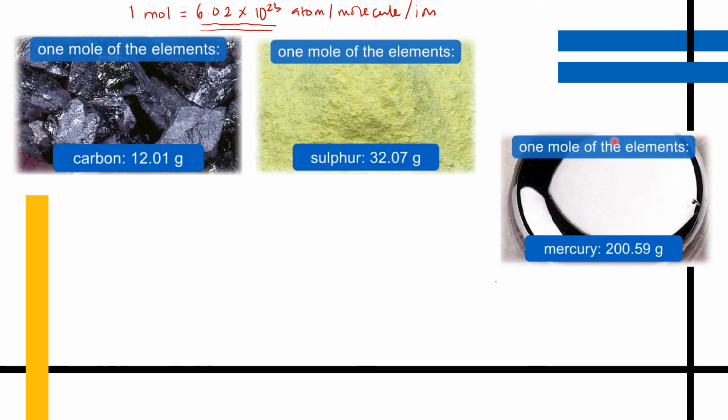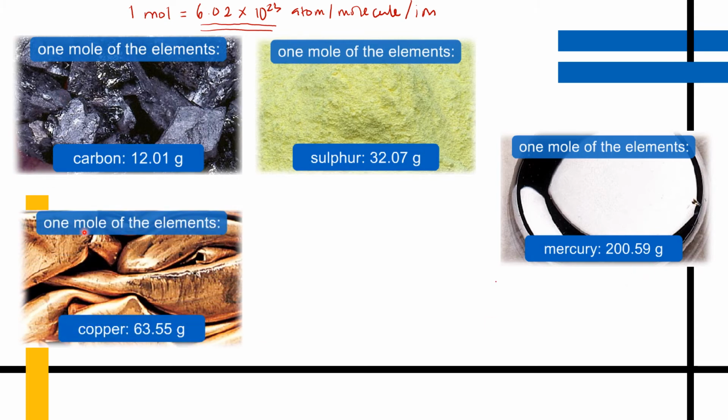Next, if I have 1 mole of mercury, berat dia adalah 200.59 gram. Kalau saya ada 1 mole of mercury, maksudnya saya ada 6.02 darab 10 kuasa 23 atom mercury yang mempunyai berat sebanyak 200.59 gram.